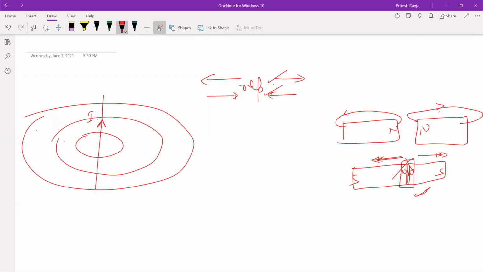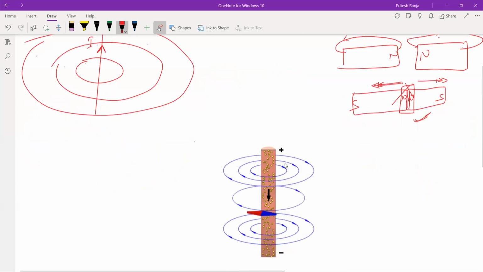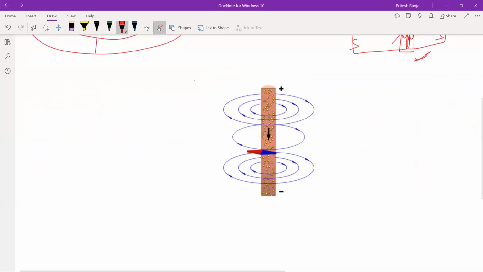So now here we may not get a proper idea of how the magnetic field lines are present, but with respect to this diagram, you can see this is a three-dimensional structure.